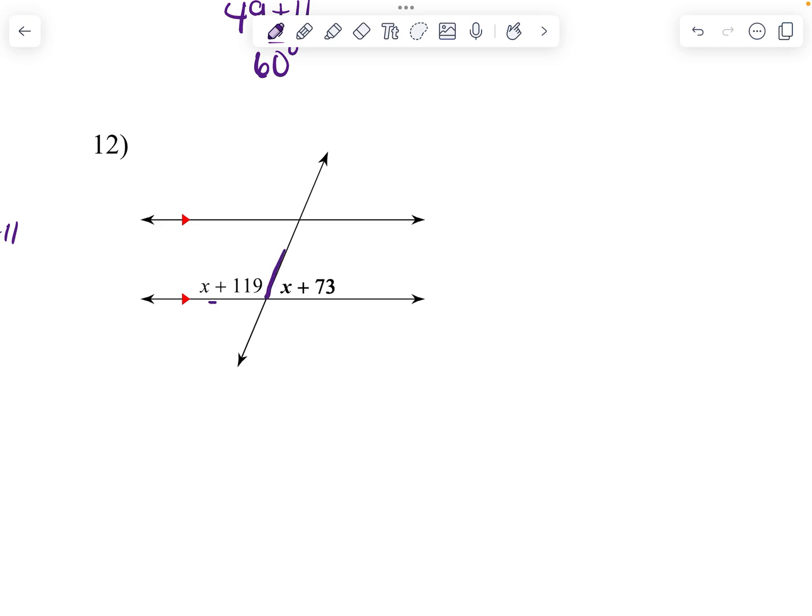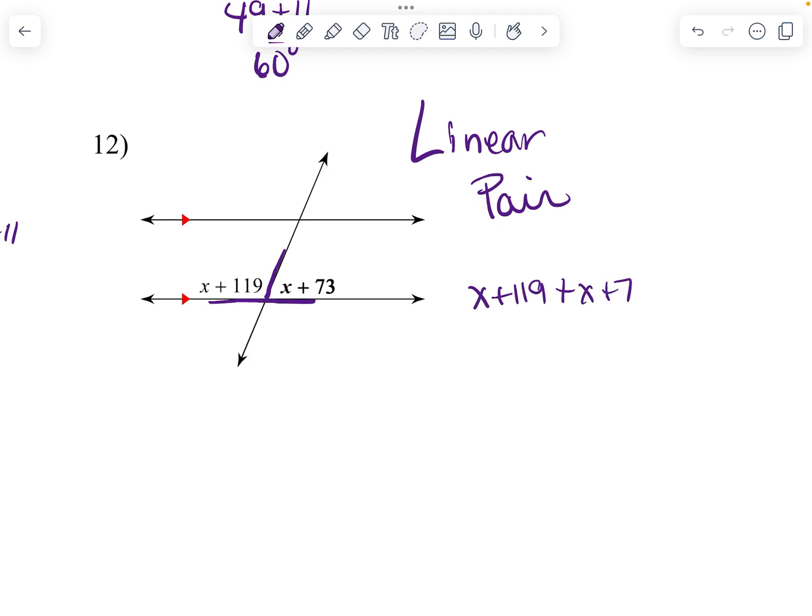These are adjacent angles and they lie on a line, so these are a linear pair. So x plus 119 plus x plus 73 equals 180 degrees. So 2x plus 192 equals 180.